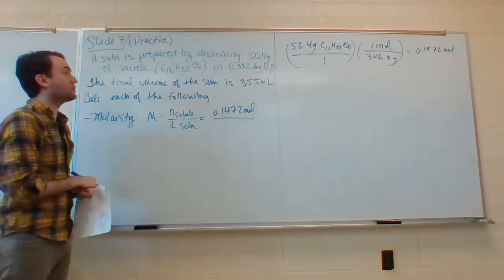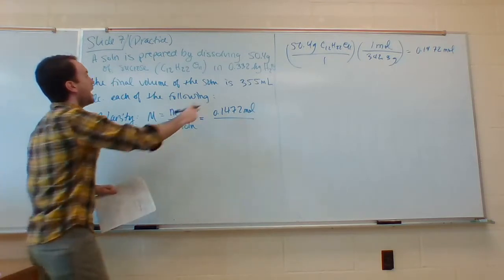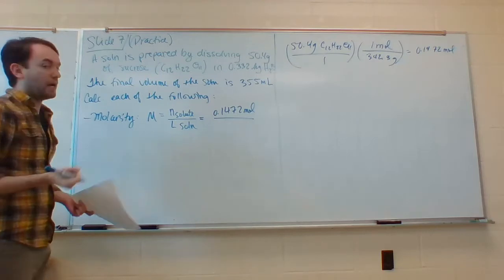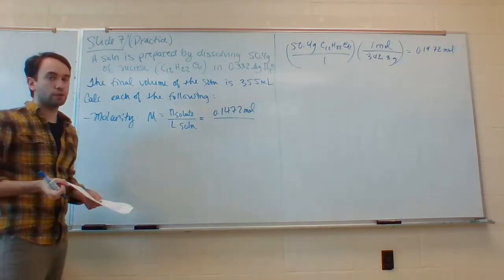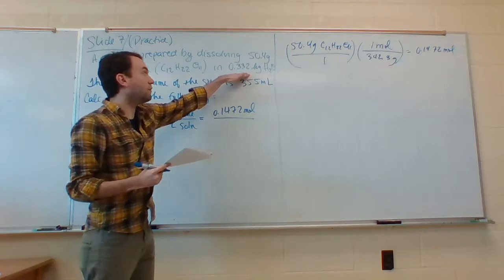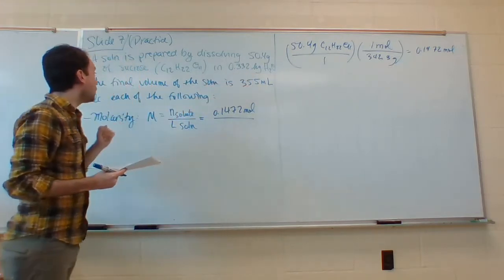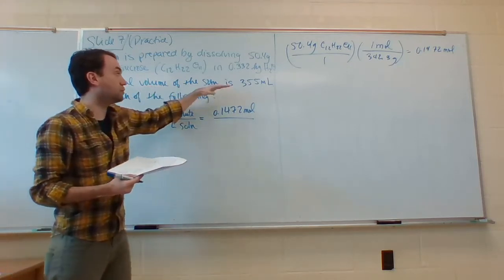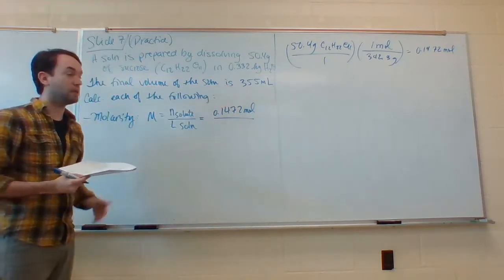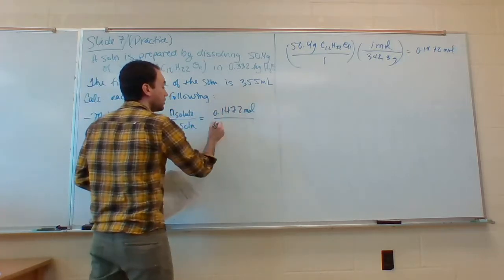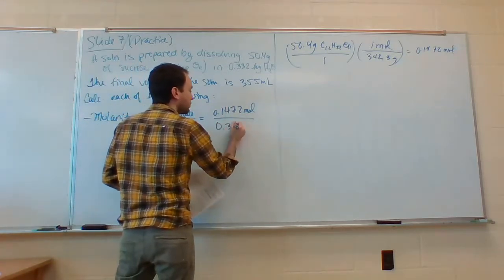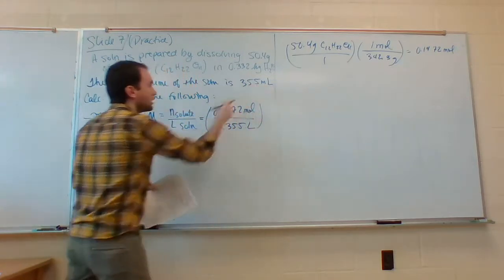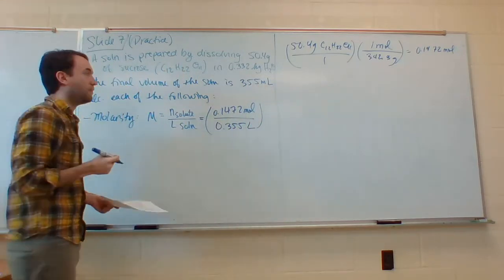Now we need our liters of solution. We have kilograms of H2O, but is H2O the solvent or the solution? It's just the solvent, so we're not going to worry about that. What information do we have about the solution? Well, we know that we have a volume of solution that is 355 milliliters. I'm going to convert that into liters, so that's 0.355 liters, because there are 1,000 milliliters in every liter.